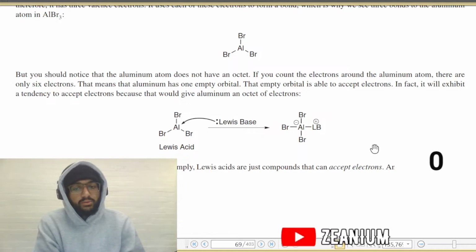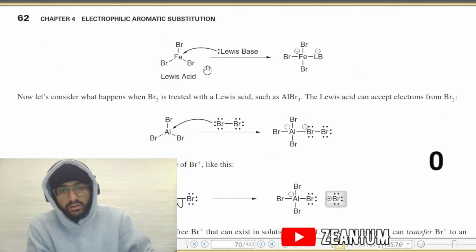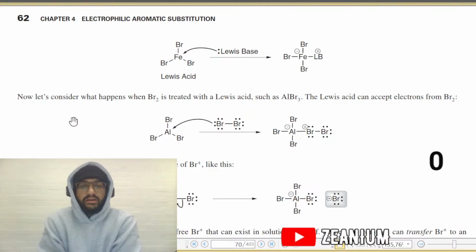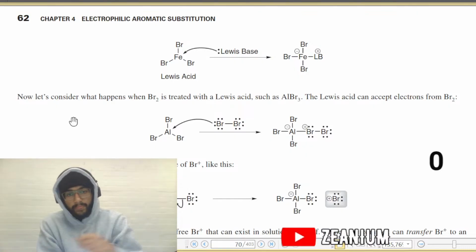Another common Lewis acid is FeBr3. Now let's consider what happens when bromine is treated with a Lewis acid such as AlBr3. The Lewis acid can accept electrons from Br2, from bromine.